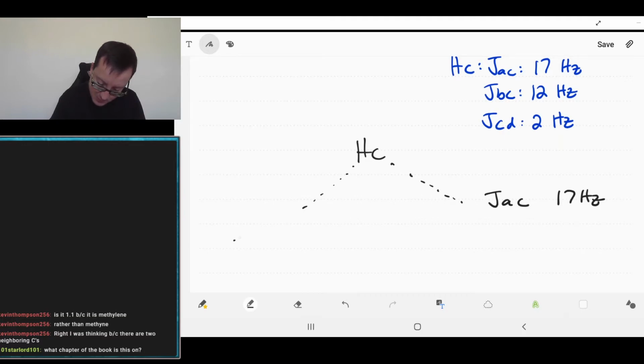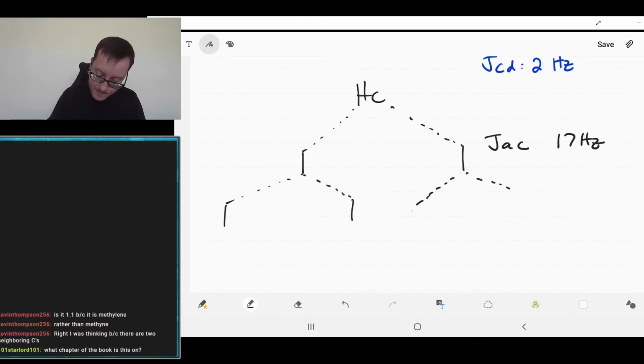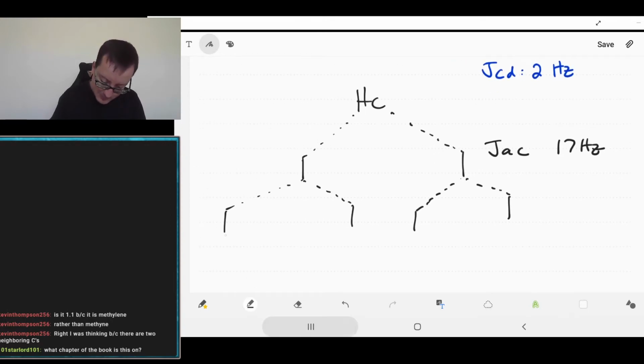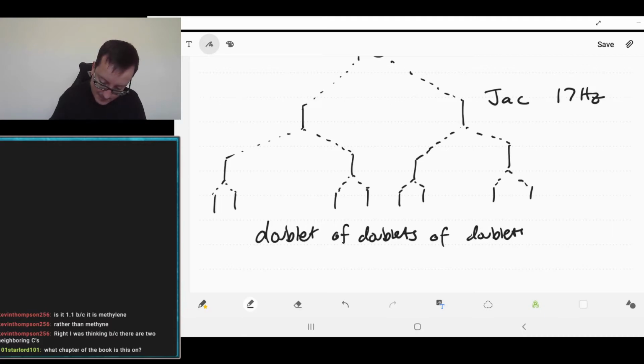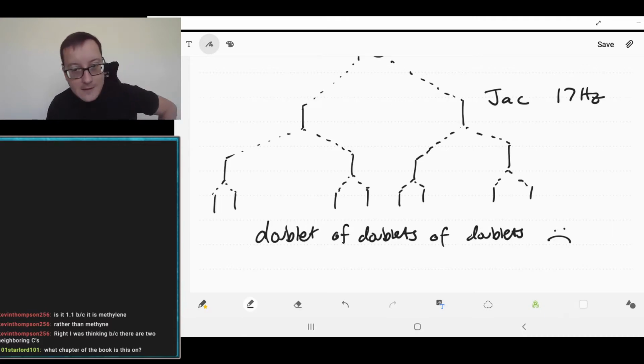Then we're going to split by 12. I should draw the lines, shouldn't I? Then we split by 12, and then we split by 2. And so we have a doublet of doublets of doublets. Isn't this so exciting?